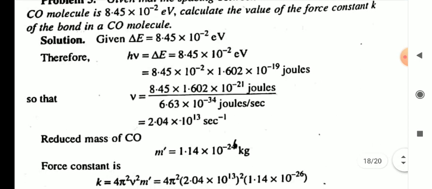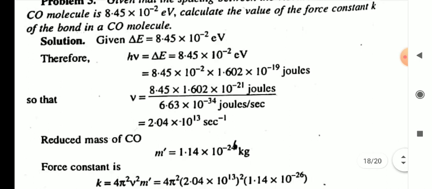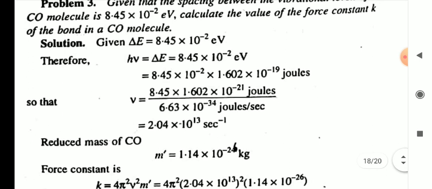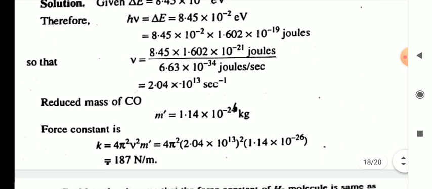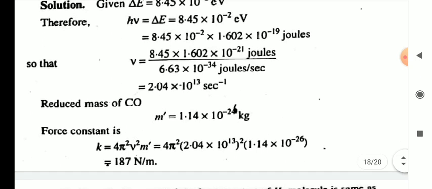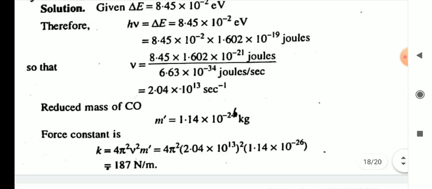Therefore nu is equal to delta E upon h, where delta E is 8.45 into 1.602 into 10 raised to minus 21, divided by 6.63 into 10 raised to minus 34. On simplification, you get 2.04 into 10 raised to 13 second raised to minus 1.